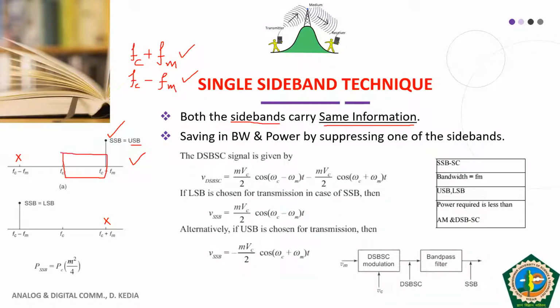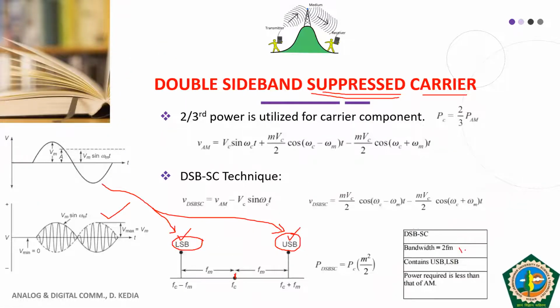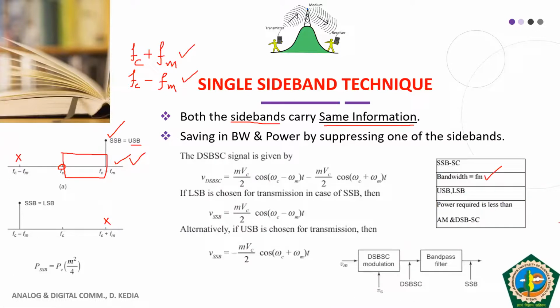Now, how much is the bandwidth? The highest frequency is FC plus FM, and we have FC, that is the suppressed carrier. So the bandwidth requirement here is FM, whereas in case of double sideband suppressed carrier, the bandwidth requirement is 2 FM. So by removing one of the sidebands, we are able to save bandwidth. 50% bandwidth has been saved.